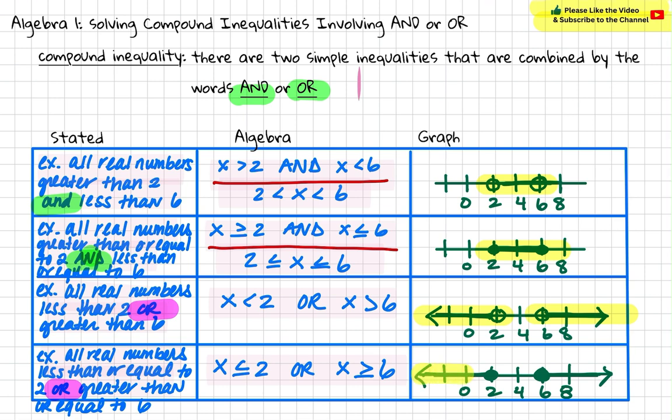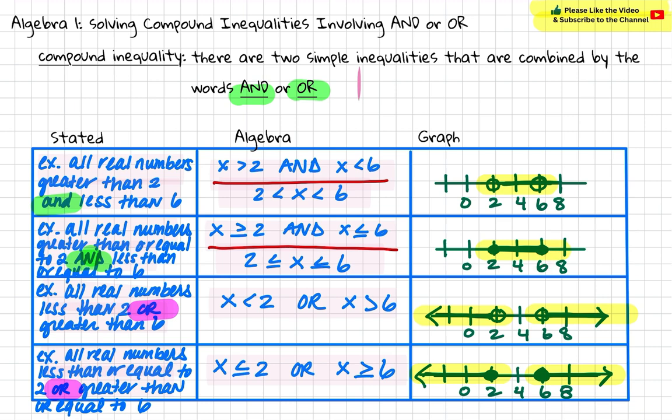Now, mind you, this is just a few examples. Sometimes you will have x is less than or equal to 2 or x is greater than 6. In that case, this one right here would be circled in. So they're not always going to be hollow dot in one example and then filled dot.